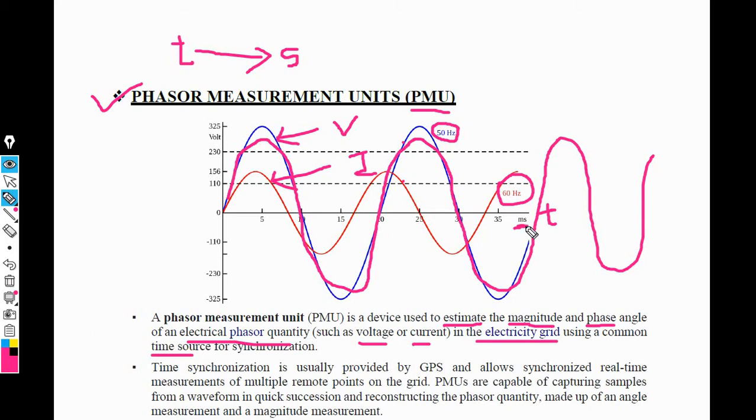This time in milliseconds is required for synchronization. That means the voltage of the electrical grid operates continuously, and we also require current. Now this is the relationship between voltage and current, and this relationship can be measured with the help of the phasor measurement unit, that is called PMU.